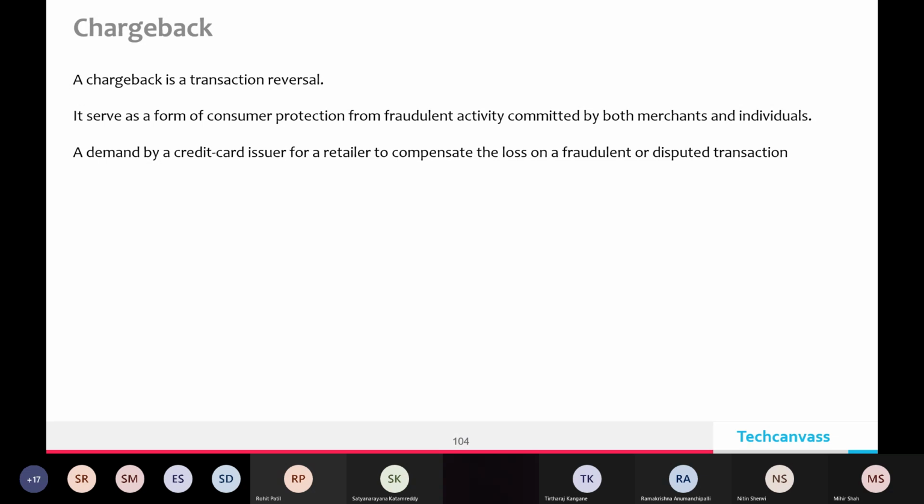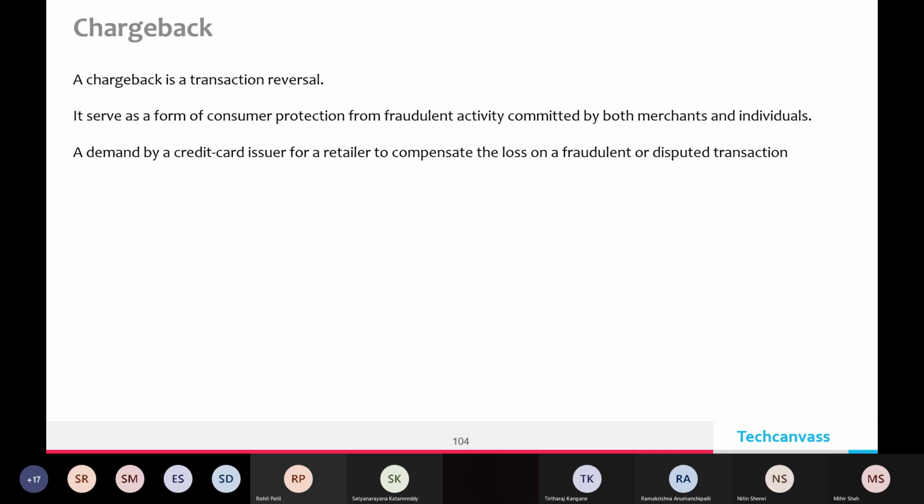Whenever you are making a payment, it's better to pay through your debit card or credit card, especially a credit card, so that if you don't receive the goods, you can go back and tell your banker that you have not received the goods and want to raise a chargeback. Then effectively, the bank will take up the matter with the vendor, and you get your funds back.